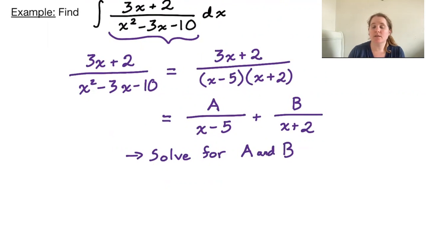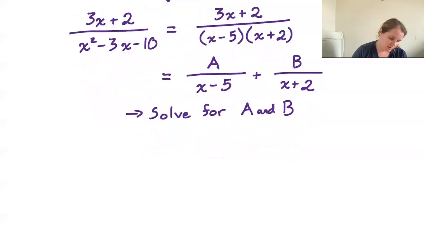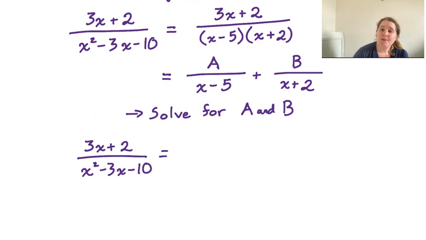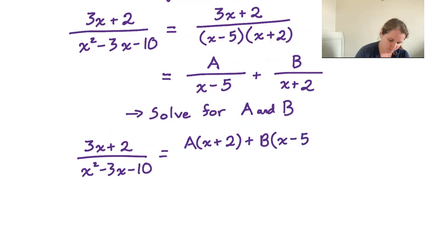If we essentially combine the fractions again, then the numerator on the right should match the numerator on the left. So if we have 3x plus 2 over x squared minus 3x minus 10, giving a common denominator on the right, we would have A times x plus 2 plus B times x minus 5, all over x squared minus 3x minus 10.